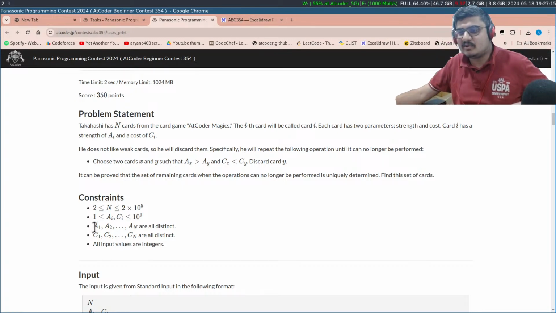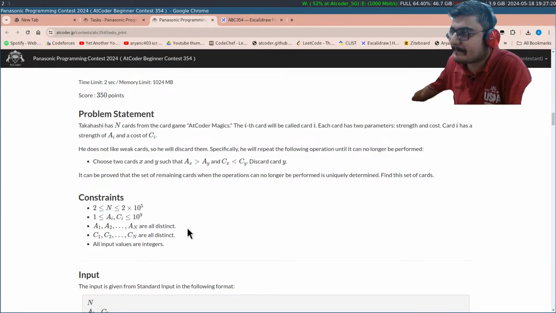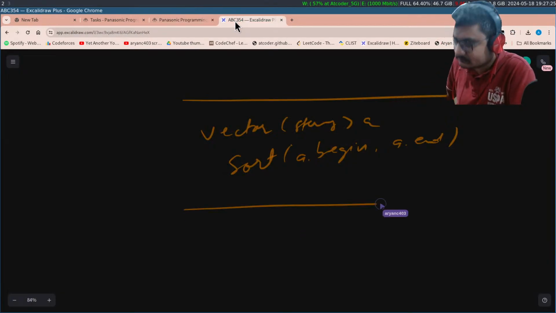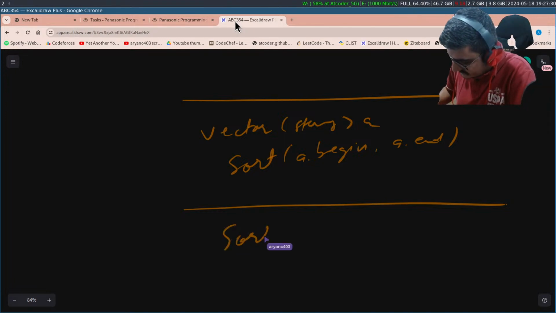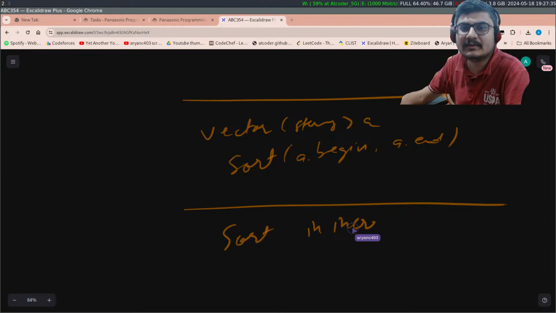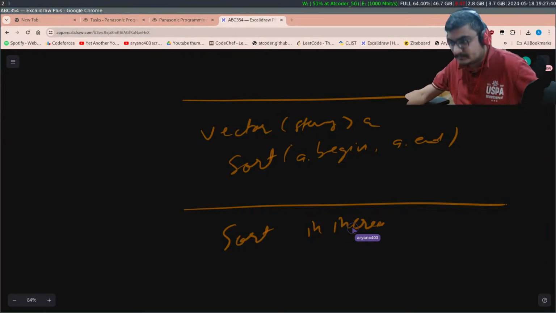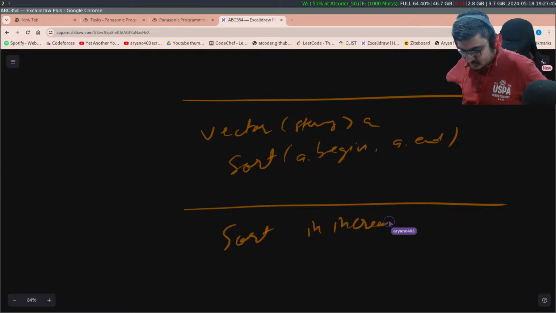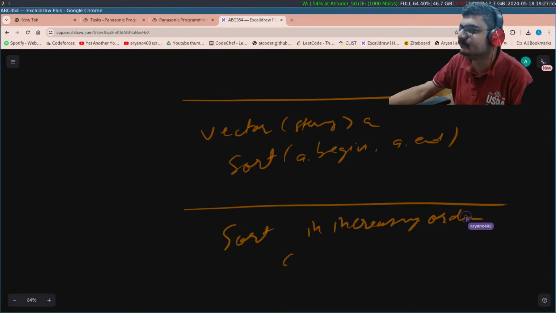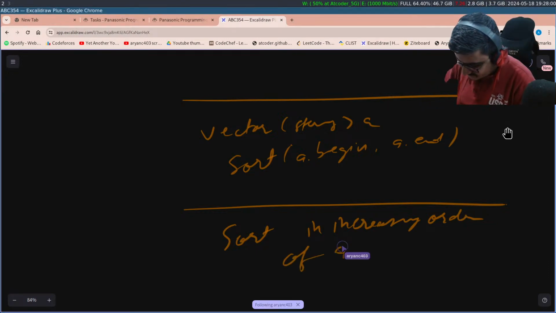What we can do is first sort all the cards in increasing order of A_i values. Then we know that for the i-th card, all the cards stronger than it will be in the suffix.